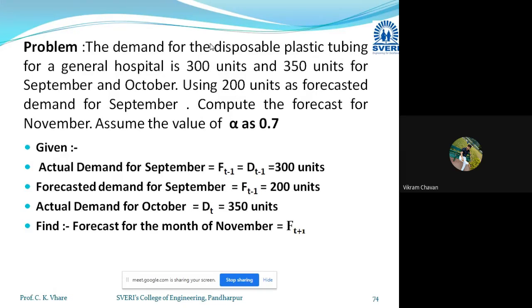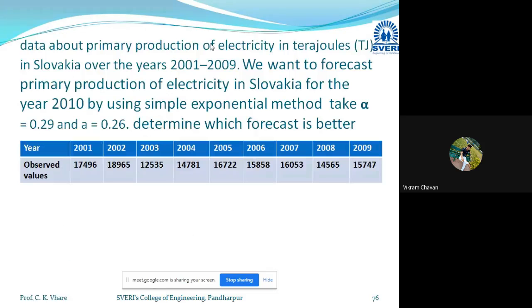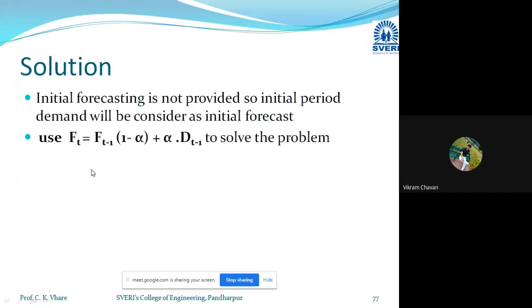But in this problem, the initial forecasting value for the year 2001 is not provided, or any forecasted value for any year is not provided. So in this case, we have to consider the initial period demand as the initial forecasting.